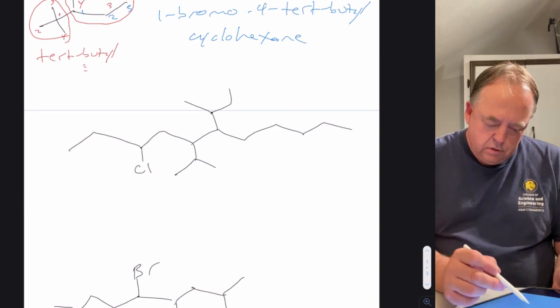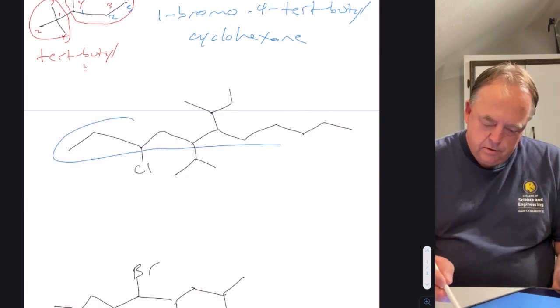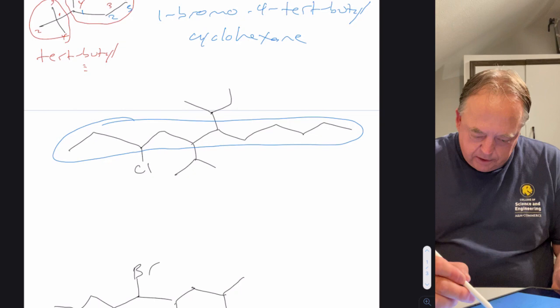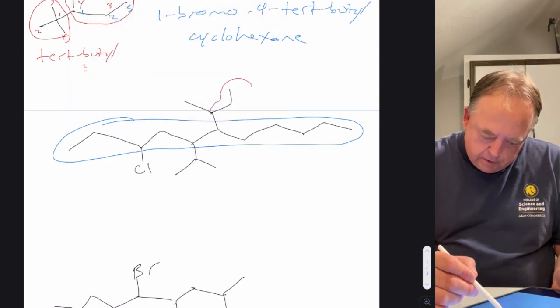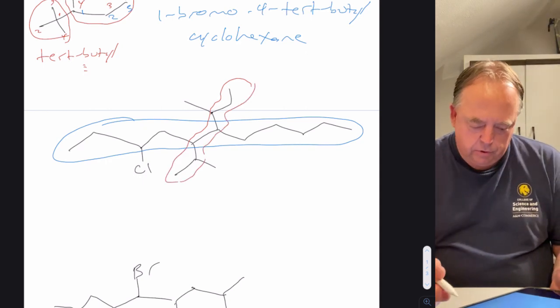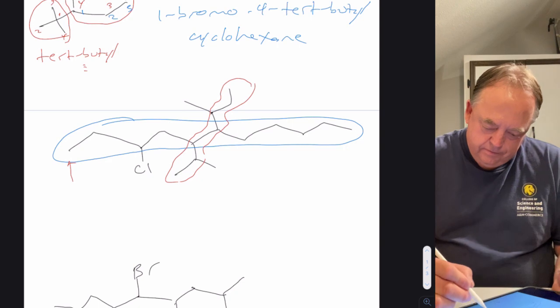Okay, so for this one, the longest carbon chain is here. I mean, you should always check. I mean, maybe I'm trying to be tricky and maybe I made it here, or you'd always want to basically start at each methyl.